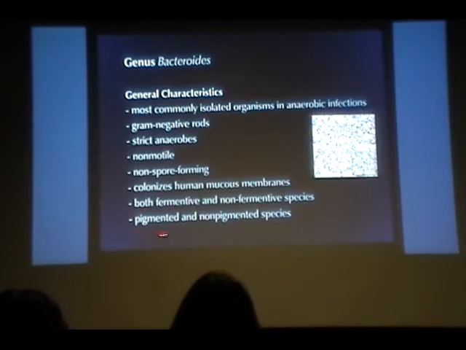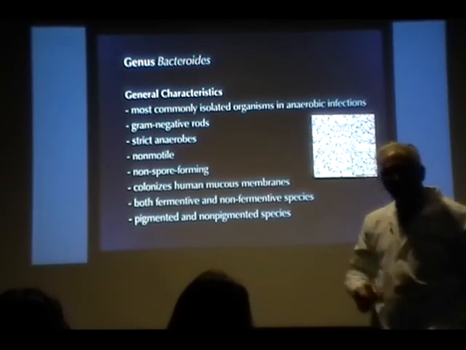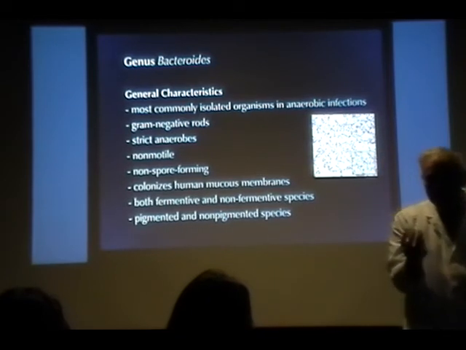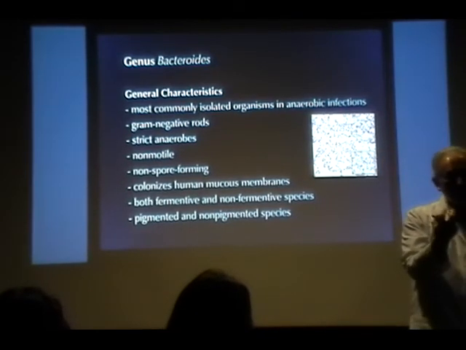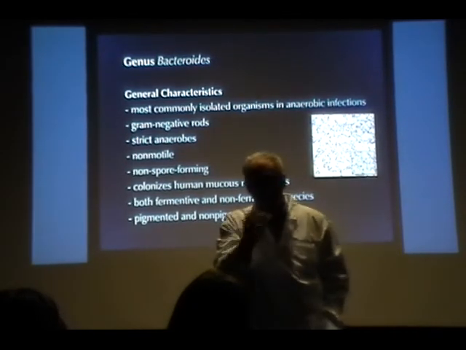The other thing that they do is they sequester iron from red blood cells. Okay, that's called pigmentation. Iron is black. So these guys will grow on blood agar plates. This is usually sheep red agar.